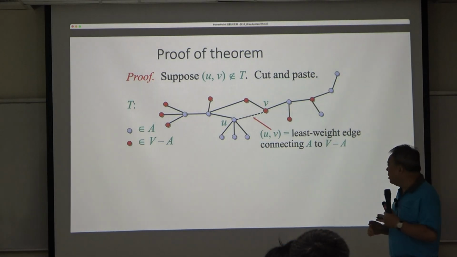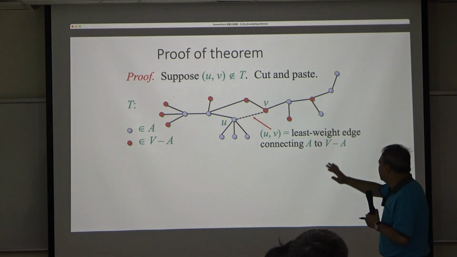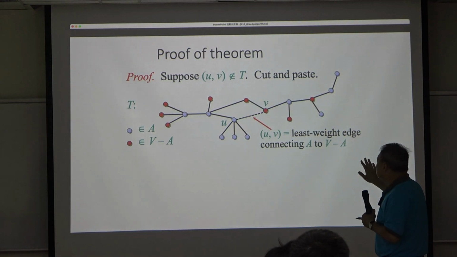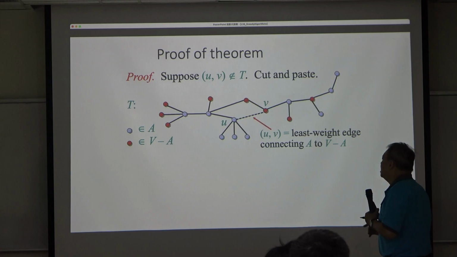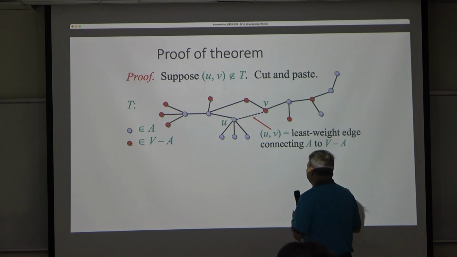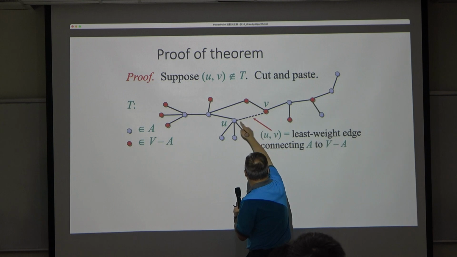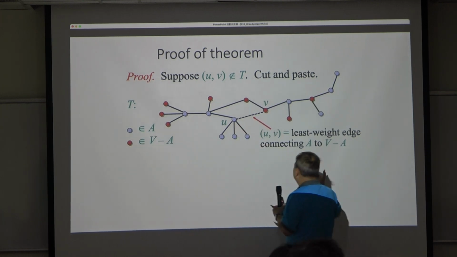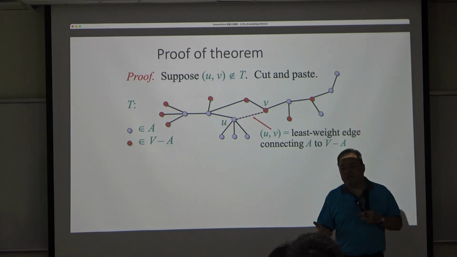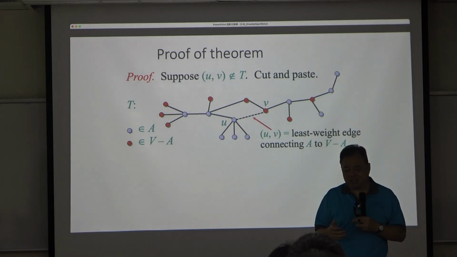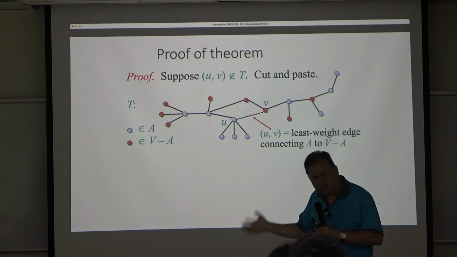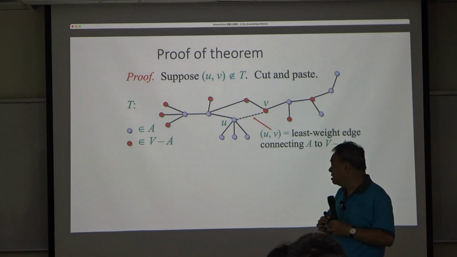If you break all the vertices into two sets, arbitrary two sets, A and V minus A, and assuming this is the least weight edge between these two sets, I'm telling you this edge must be included in the minimum spanning tree.